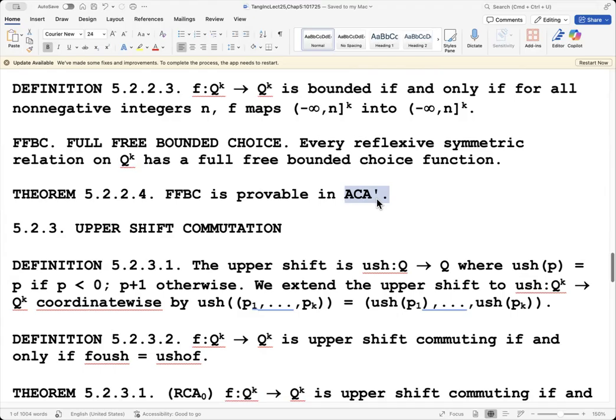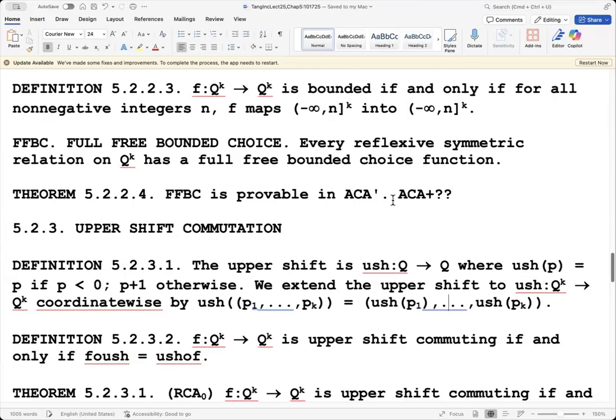And so you're going to go out indefinitely for the jumps. This actually does sound a little more than, I think this may be ACA plus. Yeah, this may be a little bit more than ACA prime. Yeah. Okay, let's not worry about that.